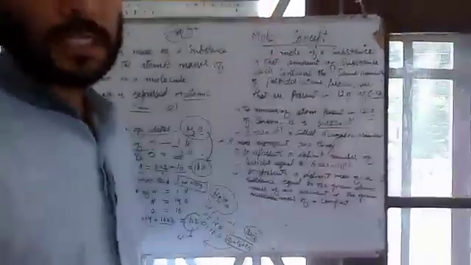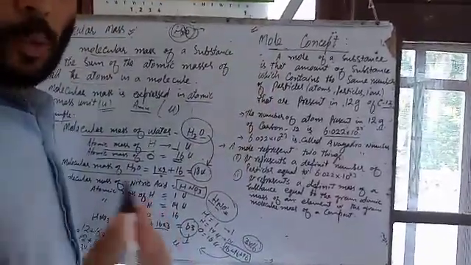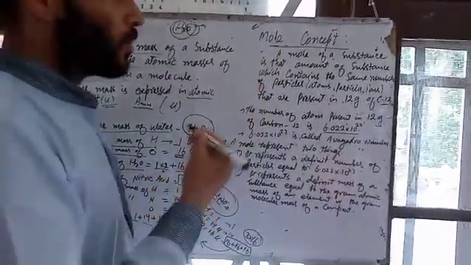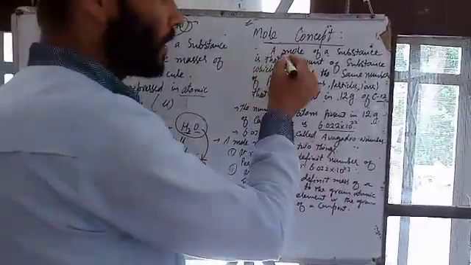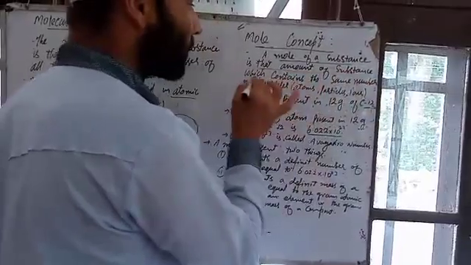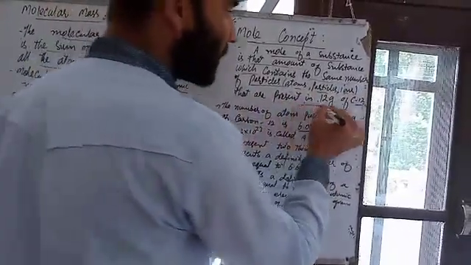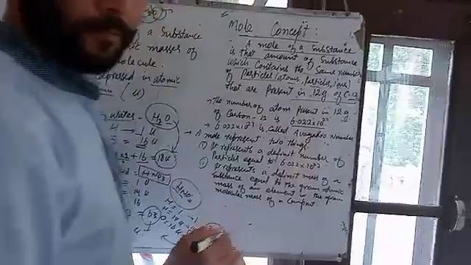Next is the mole concept. It is a very important concept. What is the mole concept, or what is a mole? M-O-L-E, mole. A mole of a substance is the amount of substance which contains the same number of particles, either atoms, particles or ions, that are present in 12 grams of carbon 12.